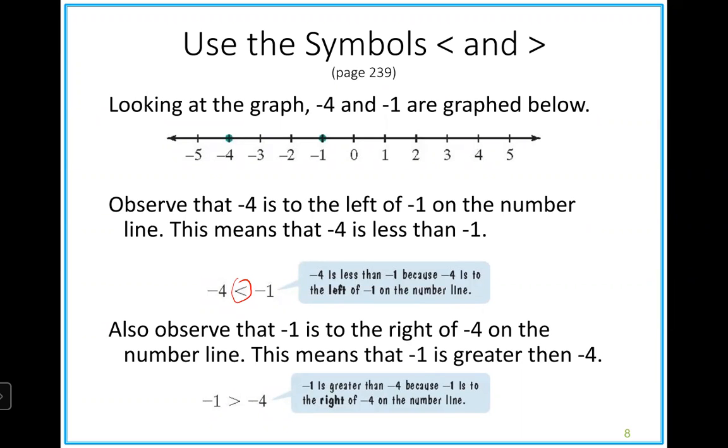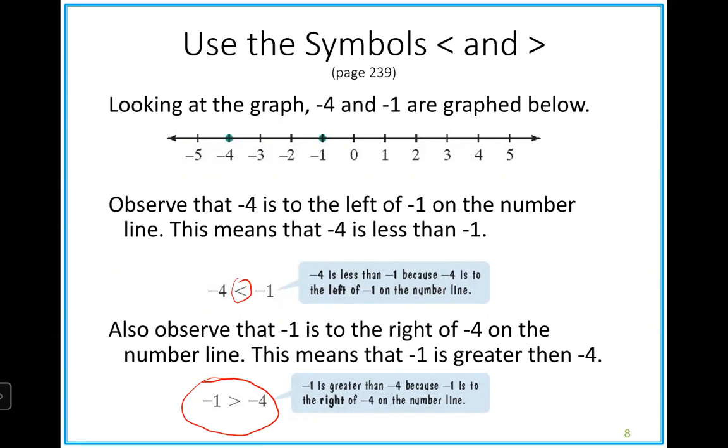Now, if you change the order, like what we see here, -1 came first, then -4. Now -1 is to the right of -4. So that means that -1 is greater than -4. Okay, so the position on the line helps us to determine the relationship between two integers, whether one is greater or one is less than.